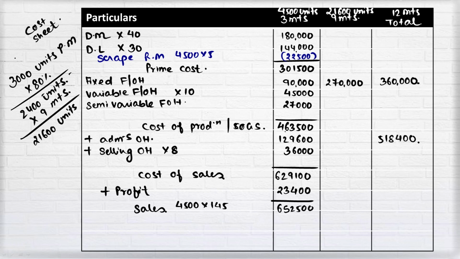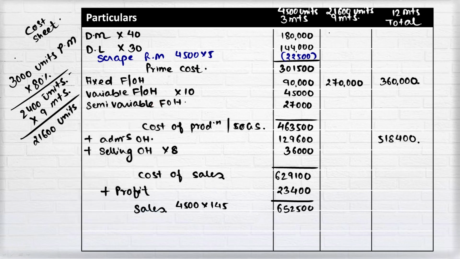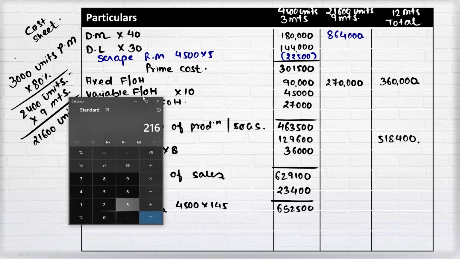What will be direct material? 21,600 into 40. In the inner column I have written only multiplied by 40. 21,600 multiplied by 40 is 8,64,000. Then 21,600 into 30 gives a pay of 6,48,000, provided it is more than 48,000 per month.